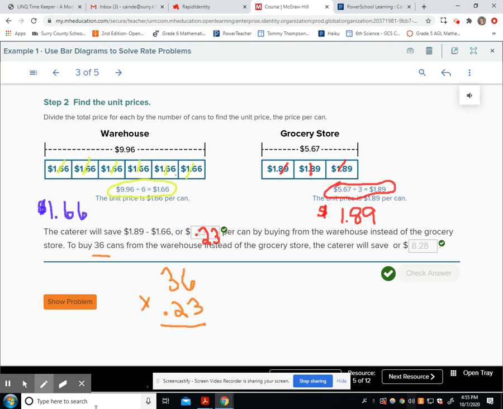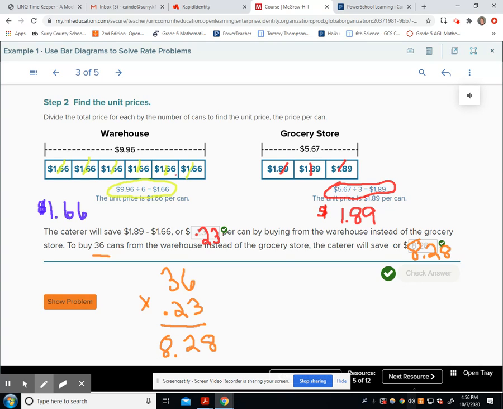Where did I get those numbers? 36 cans. If I save 23 cents a can, and I do the math, that is $8.28. So the caterer would save $8.28 by shopping for those cans of tomato sauce at the warehouse instead of the grocery store.